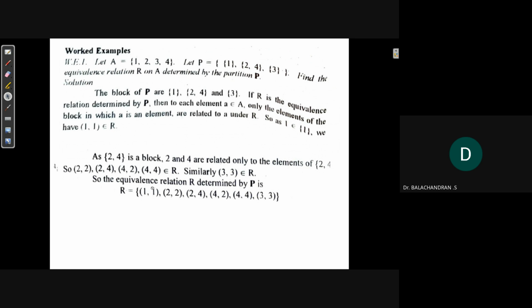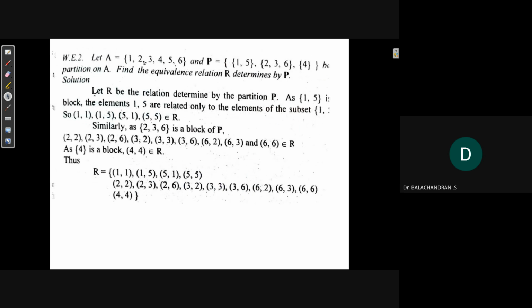Then 2, 4 are in the other class; these are the blocks of the partition. Since 2, 4 are in the same equivalence class, you can write (2, 2), (2, 4), (4, 2), (4, 4), and finally 3, so you can write (3, 3). That's all. This is an equivalence relation from this partition.